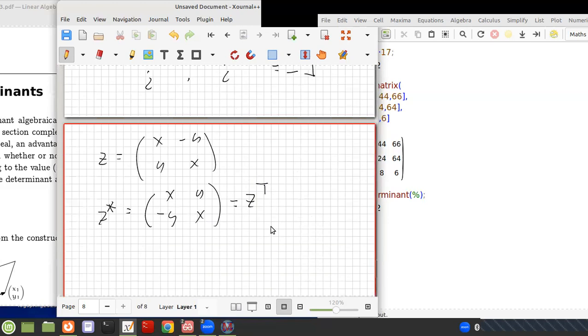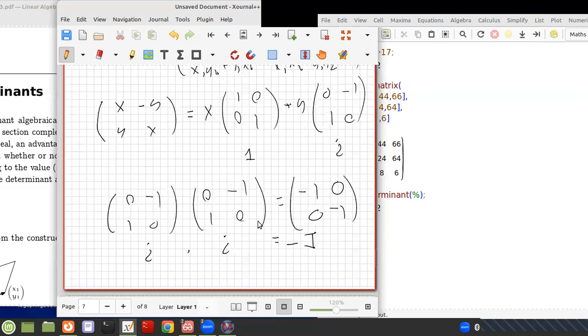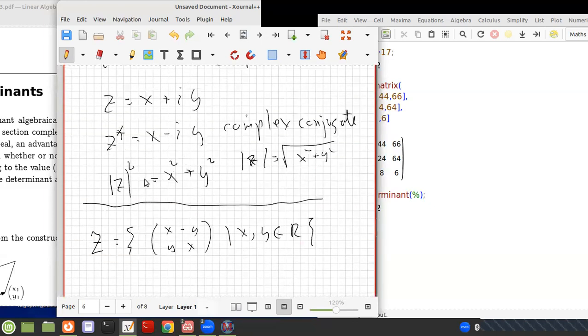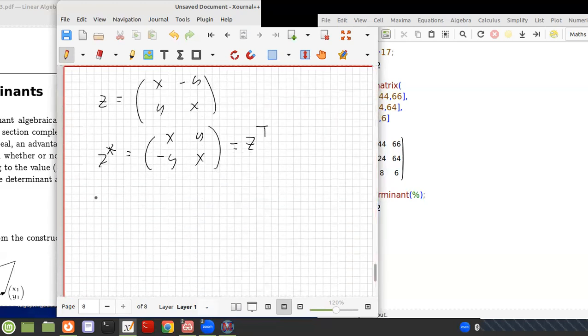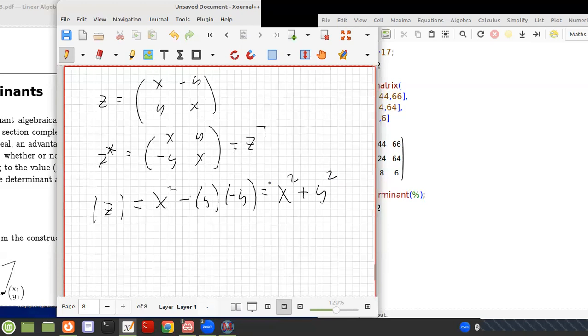Okay. What about, here's the interesting one, the magnitude. It turns out that the magnitude of Z squared equals Z times Z star. Well, let's first of all take the determinant of Z, okay? This matrix. So that's x times x minus the product of minus y times y, which equals x squared plus y squared.